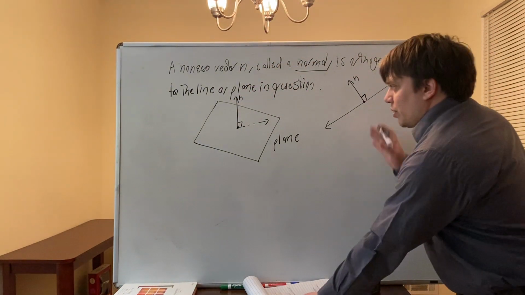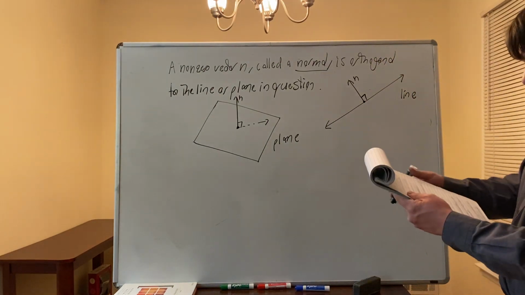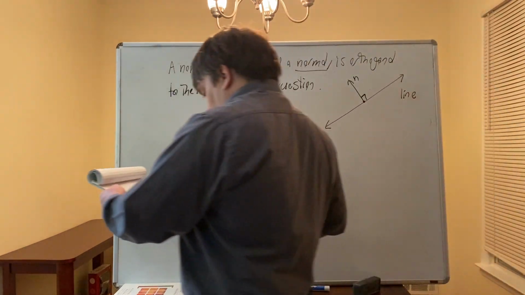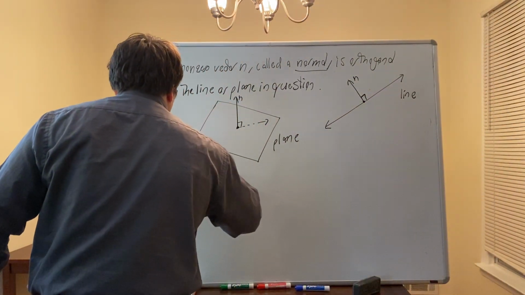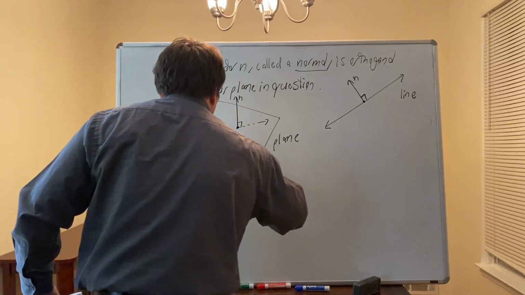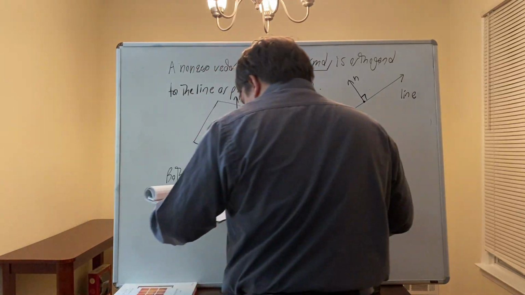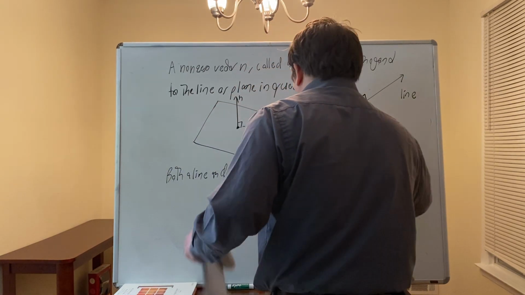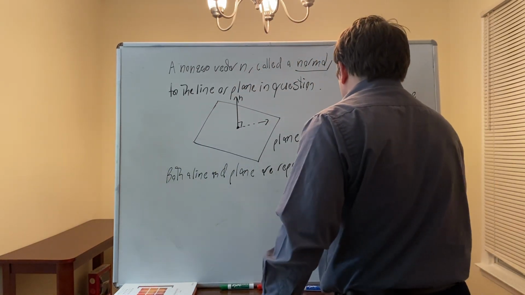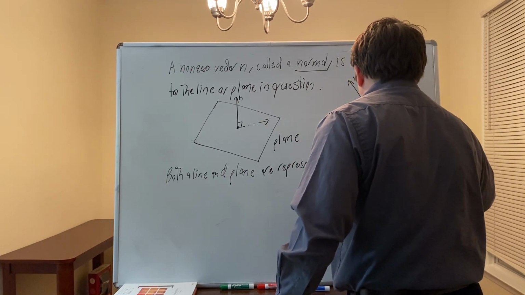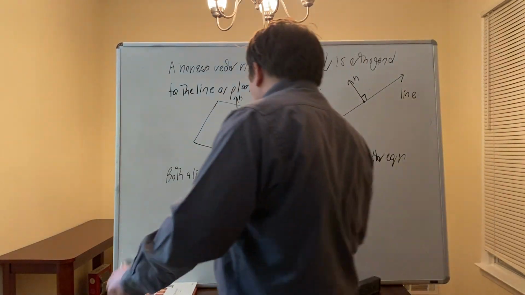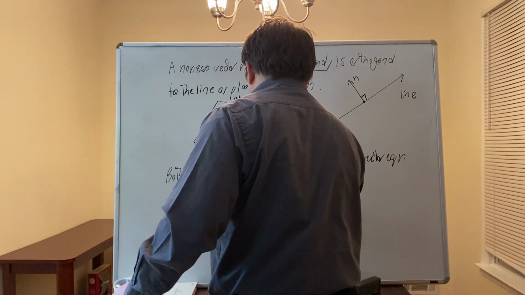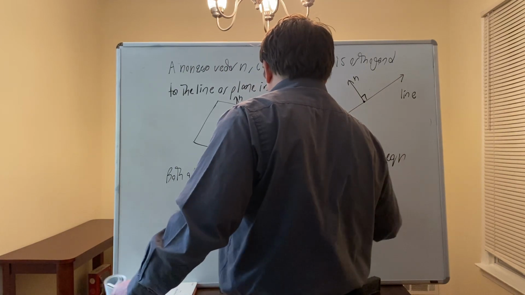And so these two pictures are illustrating what a normal vector to a line and a plane looks like. Okay. So both a line and plane are represented by the vector equation n dotted with P naught P is equal to 0.